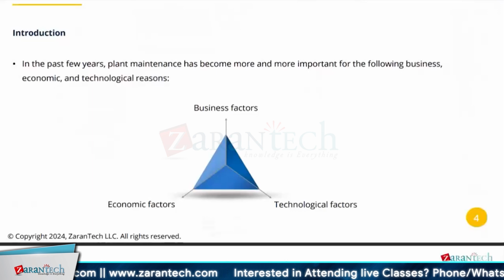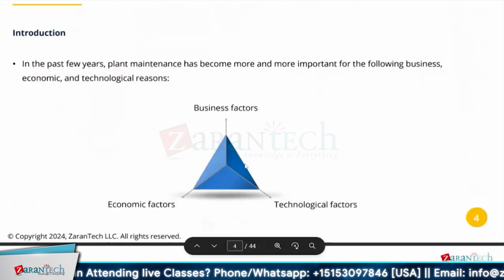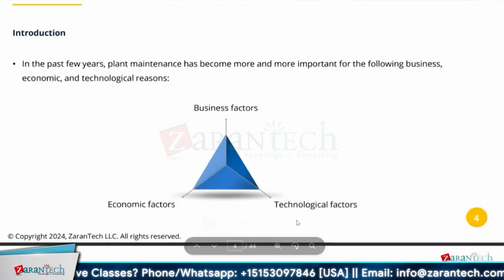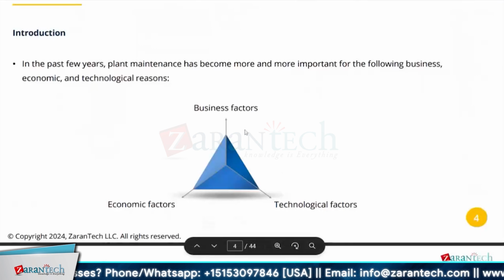So this is an introduction part, and it says, in the past few years, plant maintenance has become more and more important for the following business, economic, and technological reasons. In the picture, this talks about economic factors, technological factors, and business factors.